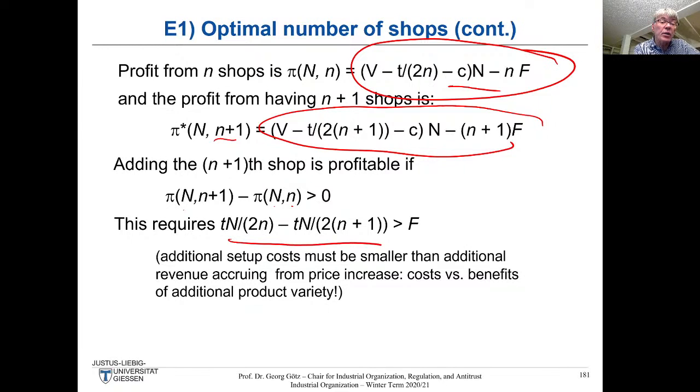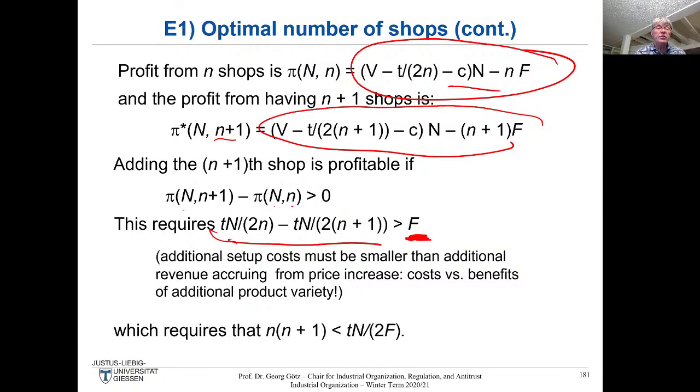And this is, by the way, an expression which can nicely be interpreted, because here you have the additional fixed cost you have if you have an additional shop, and this additional cost must be smaller than your additional revenue accruing from the price increase you get. Okay, you can increase the price, and so this is the benefit from the additional product variety. That's what's behind this expression here.